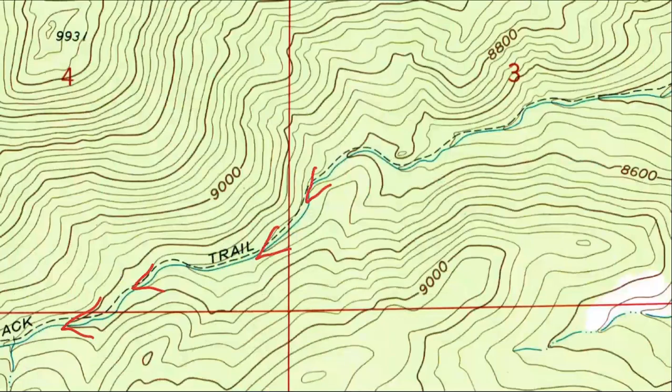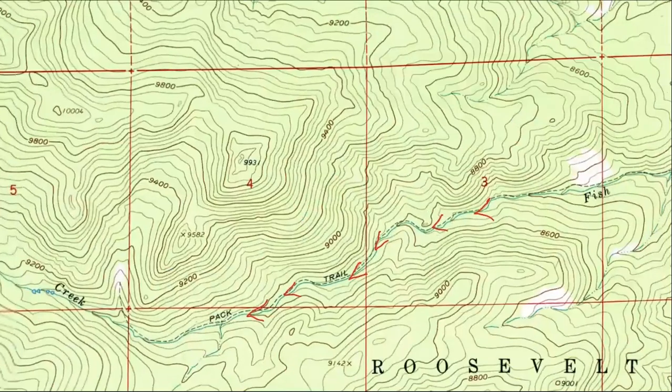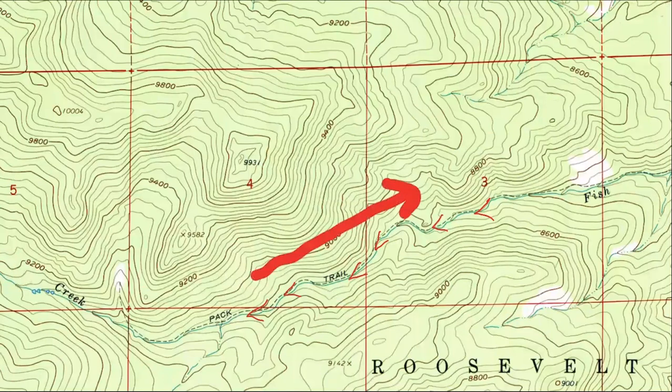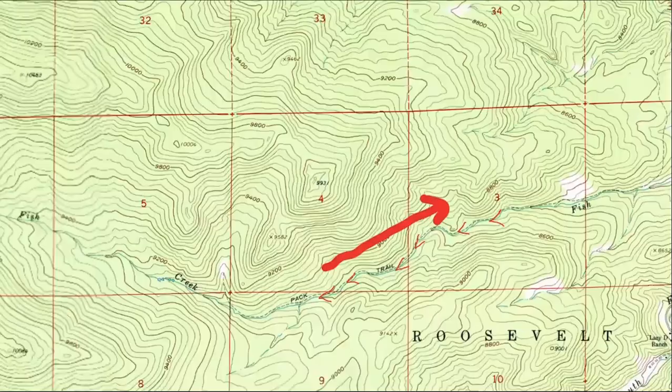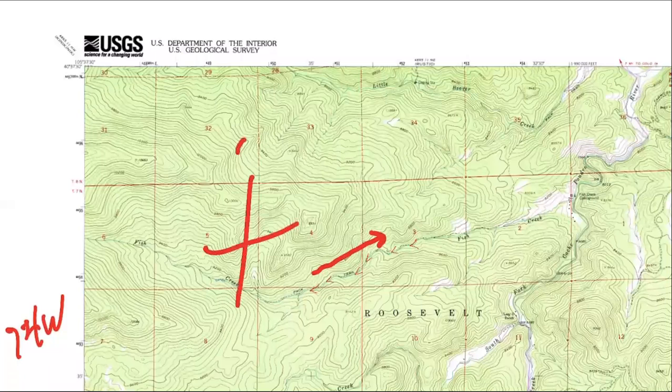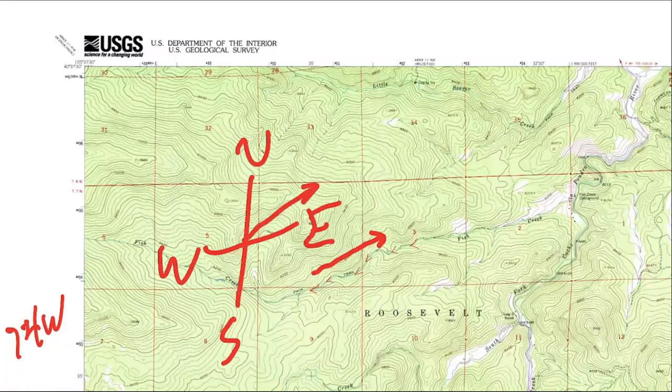There's another one there and another one there. No matter where you look, they're always pointing that way, and the creek flows in the opposite direction of those little V-shaped points. So it's telling me the same thing: it's flowing mostly to the east, but a little bit to the north.